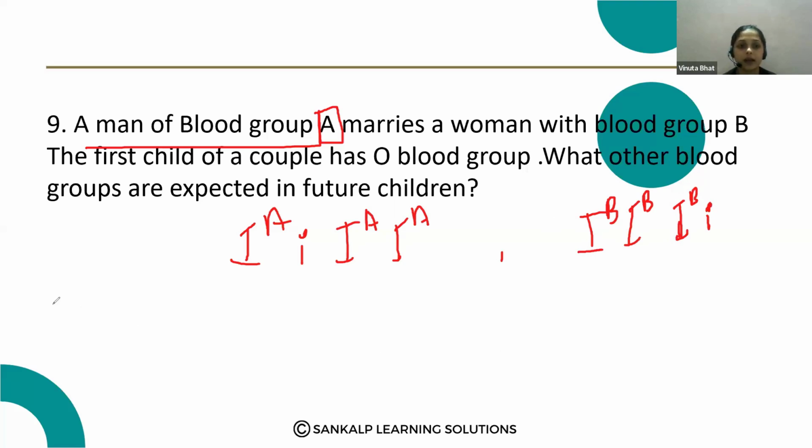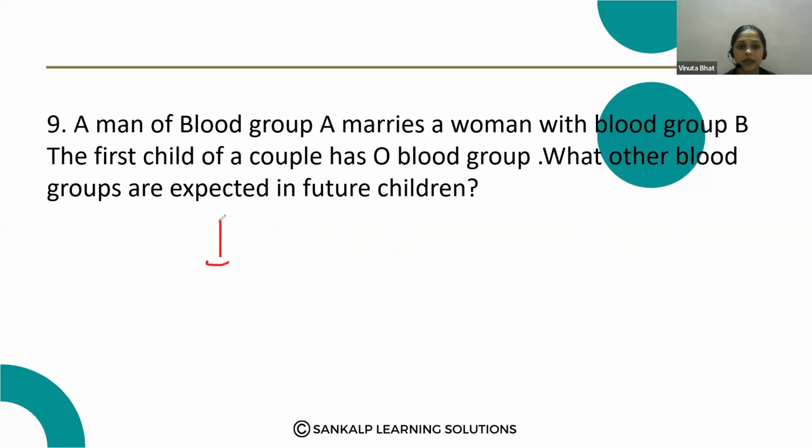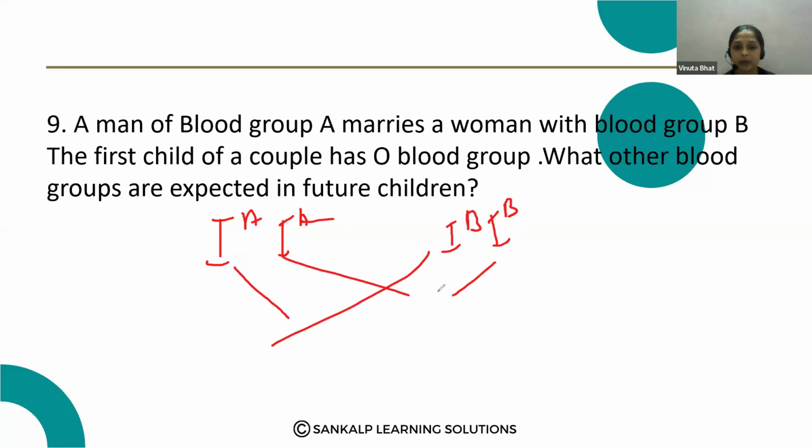Now, if I cross the homozygous IA IA and IB IB, there is no chance of formation of the O blood group, because all will be AB blood group.